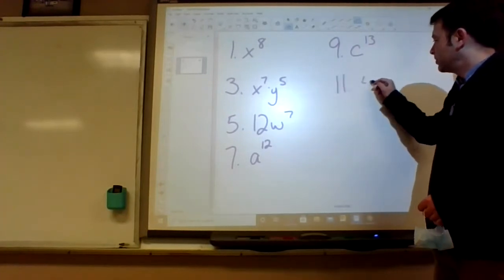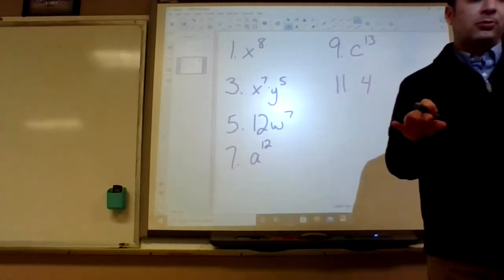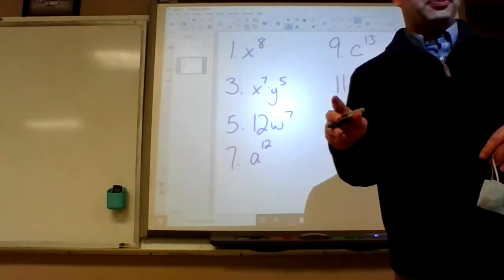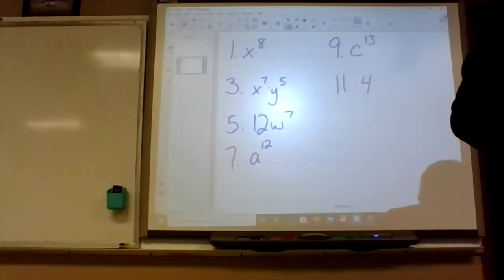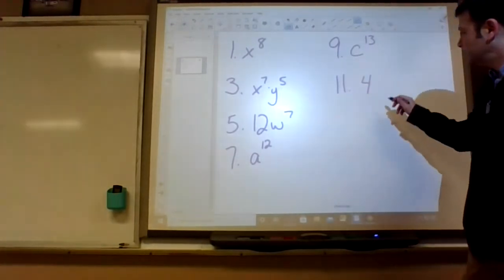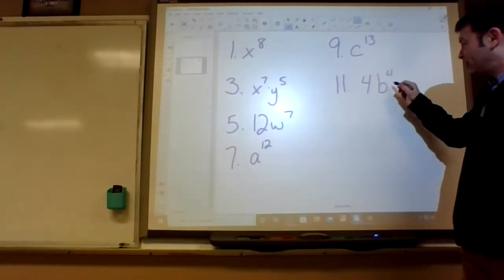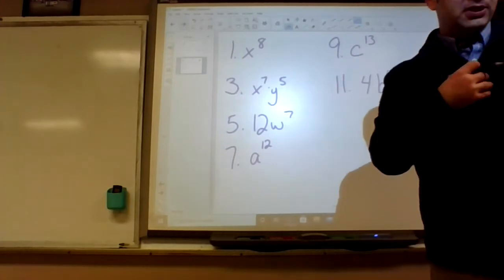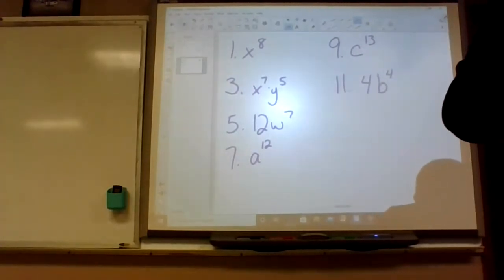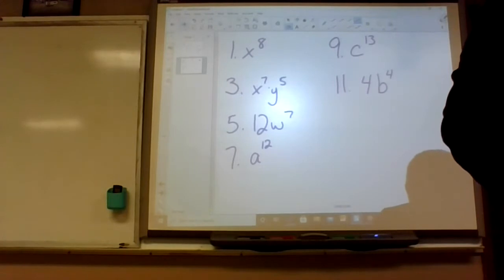Positive 4. Okay, that's the only normal numbers we're looking at. The rest of it is exponents, right? So what, Trey, what is b squared squared? 4. So we're basically multiplying now. What's the c's?